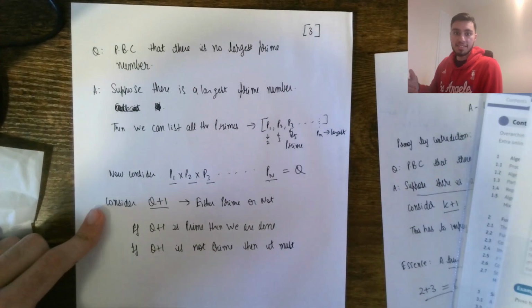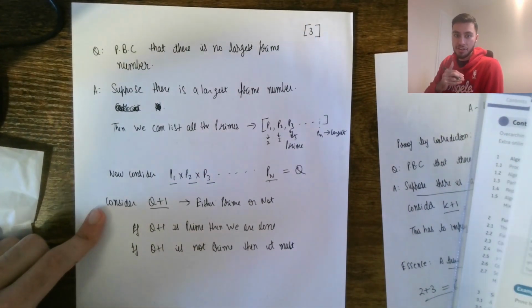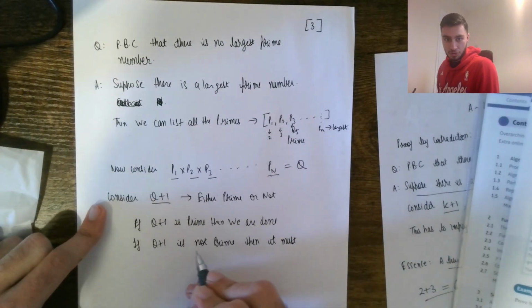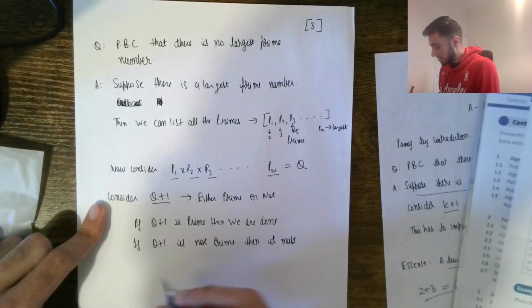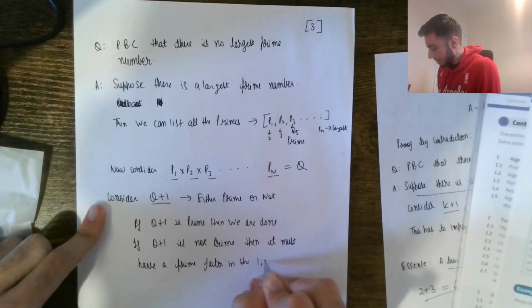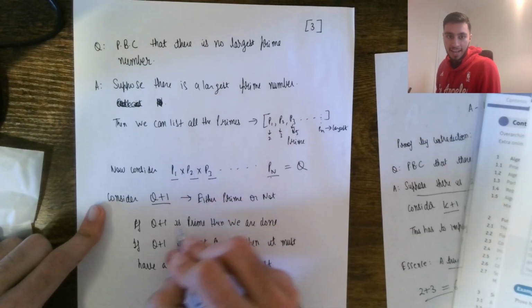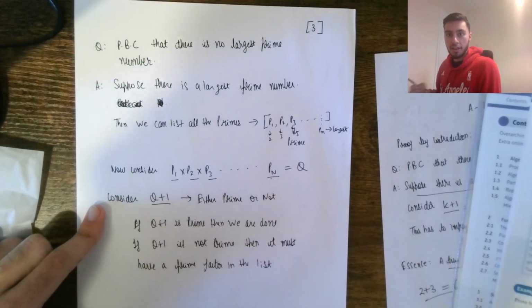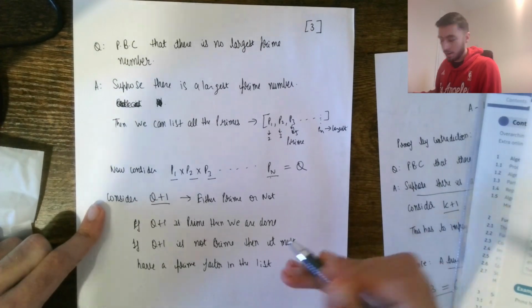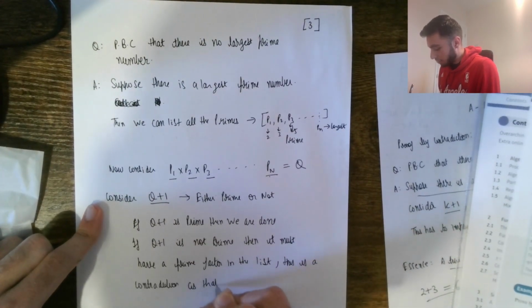Because every number has a prime factor. Every number has a unique prime factorization. And if Q plus 1 is not prime, then it must have a prime factor in the list. But this is again a contradiction because no matter which prime I take and try to divide Q plus 1, there will always be a remainder of 1. So this is a contradiction, as that would leave a remainder of 1.